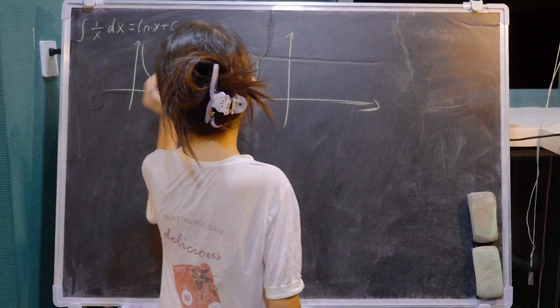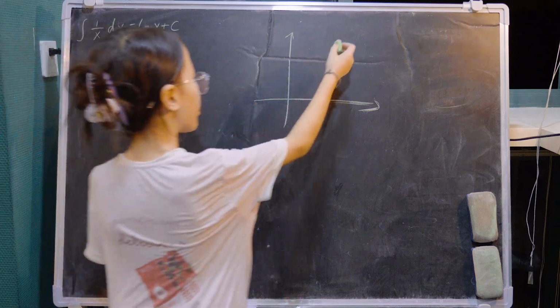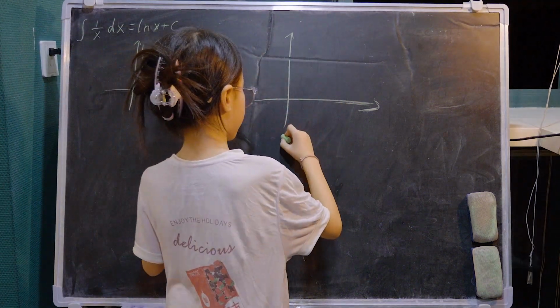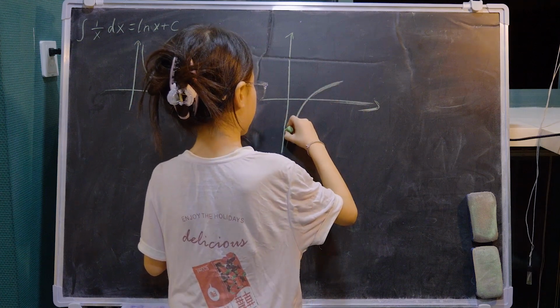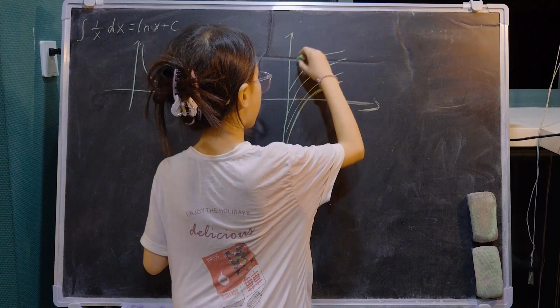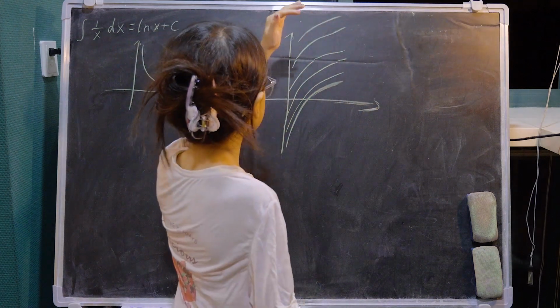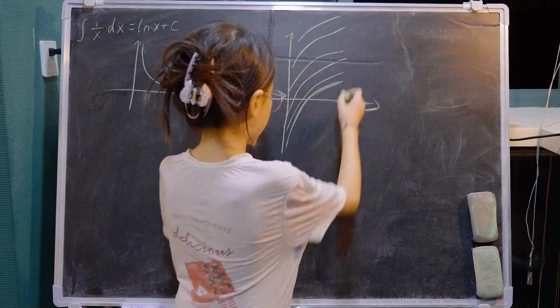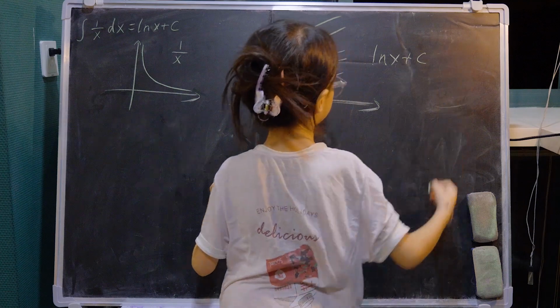This is the antiderivative of 1 over x, and we know it looks like this. There are infinitely many of them, and these functions are called ln x plus c.